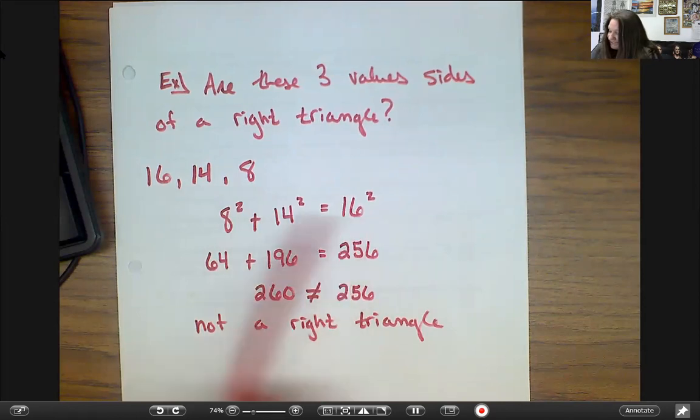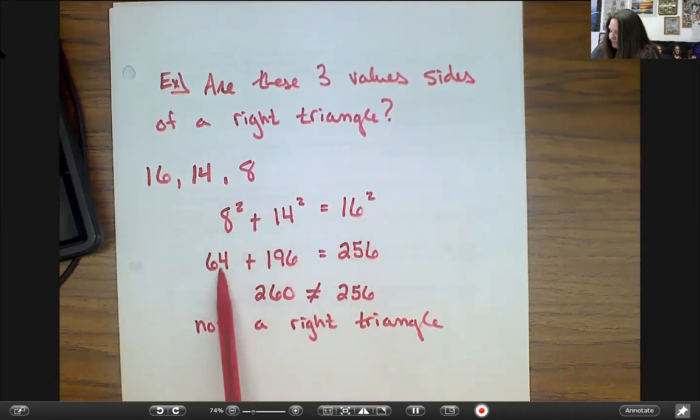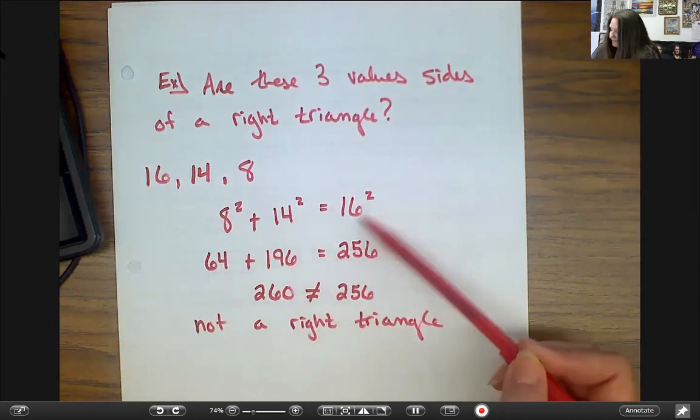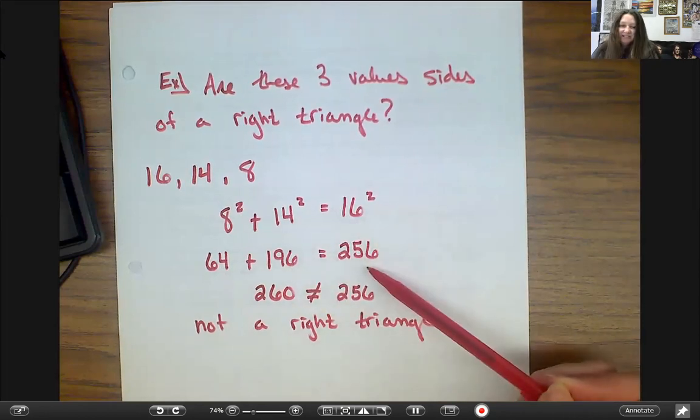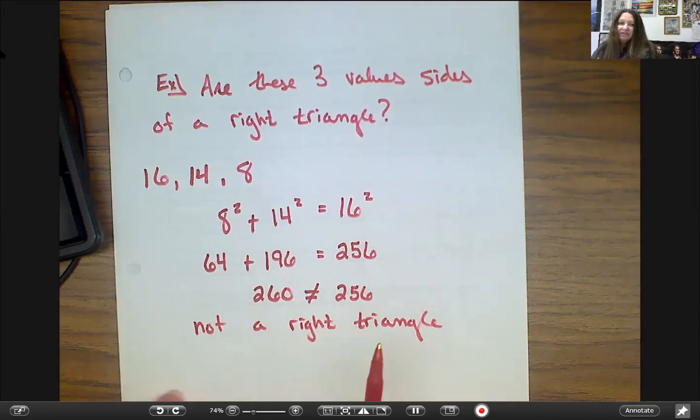I know that I would need to test 16 as my hypotenuse because it's the largest side. So then 8 squared gives us 64, 14 squared 196, and 16 squared 256. If I add these together, I get 260, which is not quite equal to 256. So if it doesn't work out perfectly in Pythagorean theorem, then this is not a right triangle. So just be careful that way.